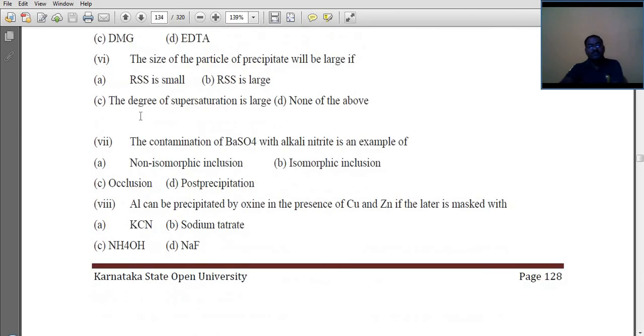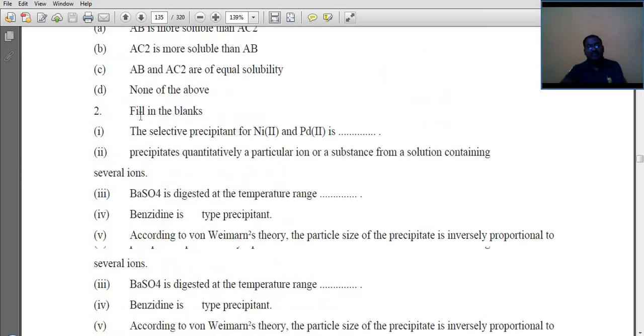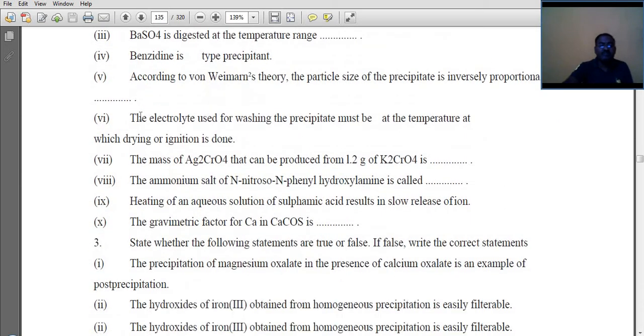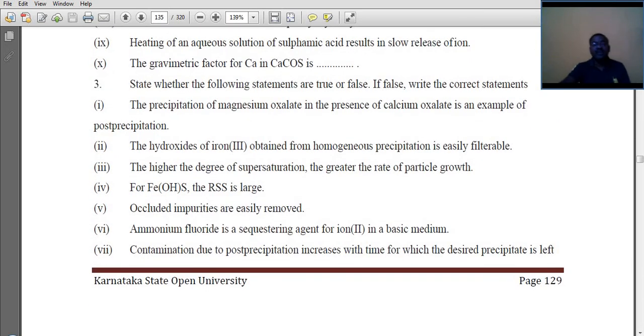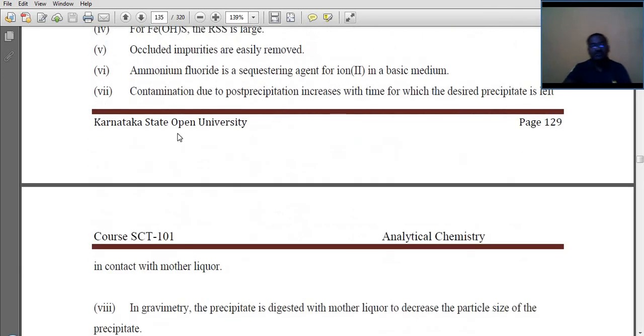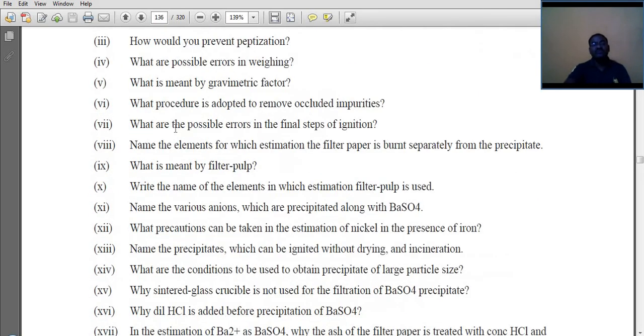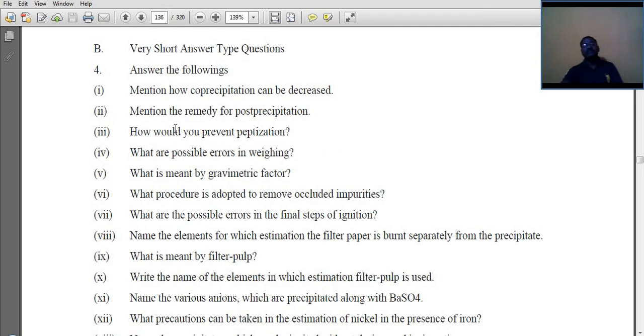These are all the objective questions they mentioned. This is the fill in the blanks. If you go through that, there are 1 mark questions, 2 mark questions, and we have to mention entire notes here.